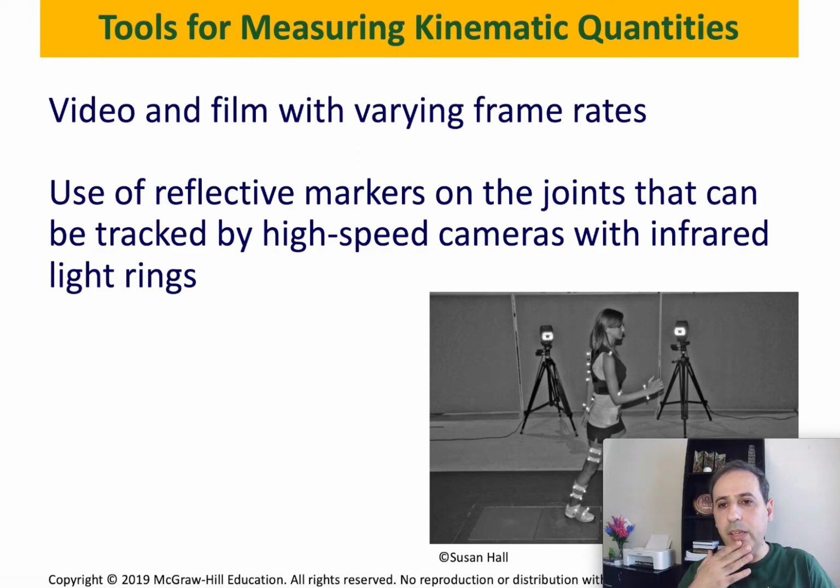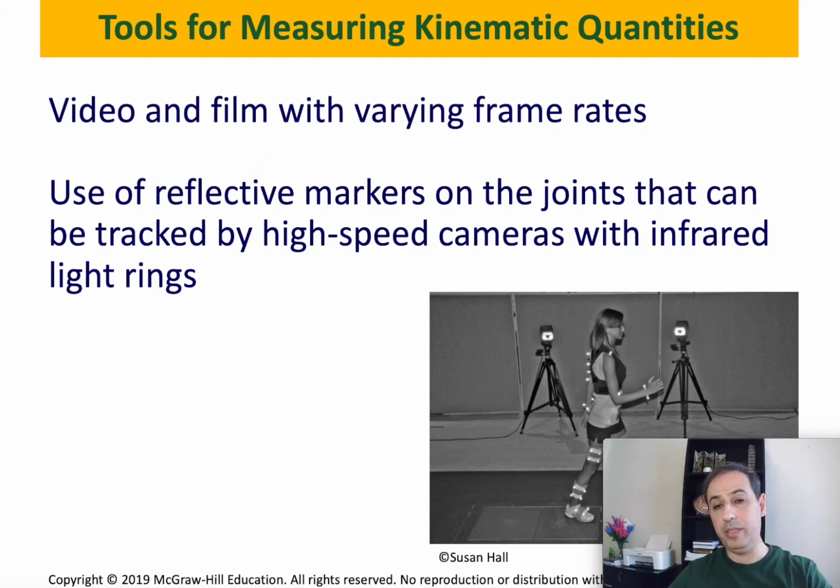Tools for measuring kinematic quantities. We're going to talk about this in more detail. These are going to be quantitative tools that will give you specific numbers. So you can have a video or a film with varying frame rates, the frequency, which is how many frames per second the video has been taken at, using reflective markers on joints that can be tracked by high-speed cameras with infrared light rings.